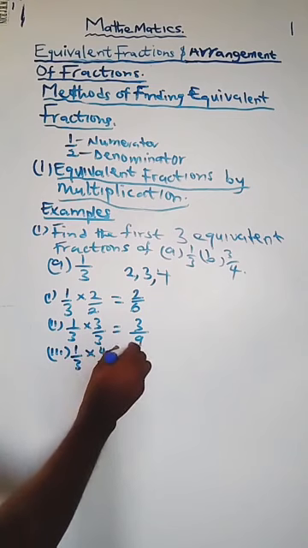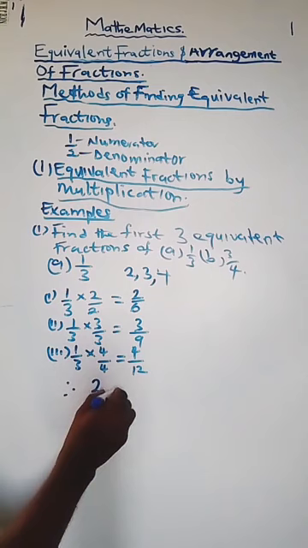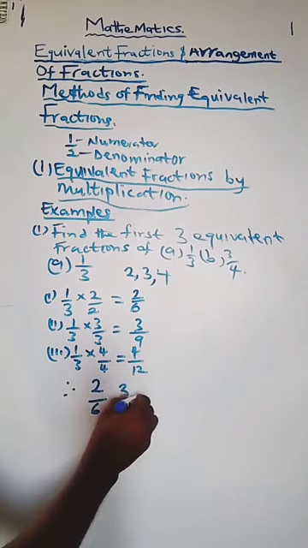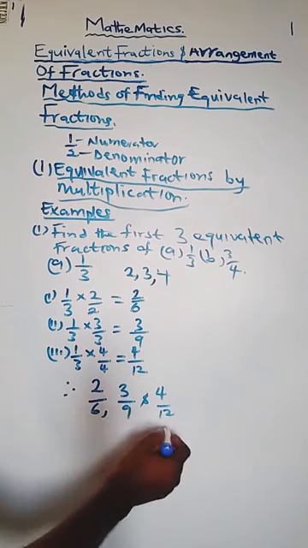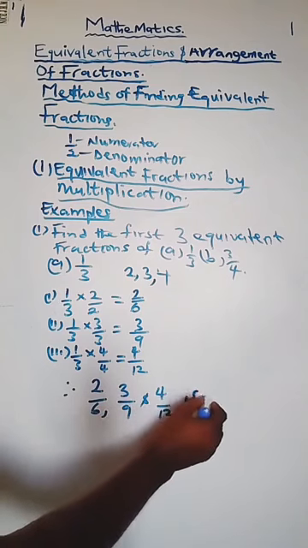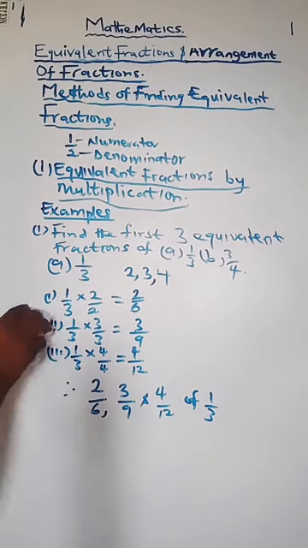This will be 4 over 12. Therefore, 2 over 6, 3 over 9, and 4 over 12 are the first 3 equivalent fractions of 1 over 3. So this is what we call larger equivalent fractions. So during multiplication, we are going to have larger equivalent fractions.